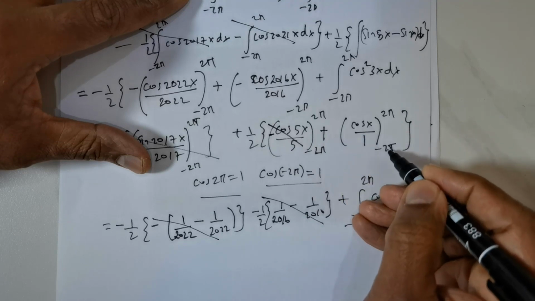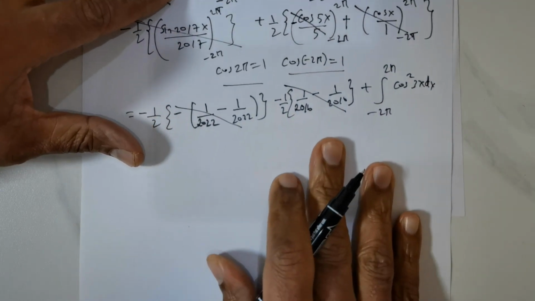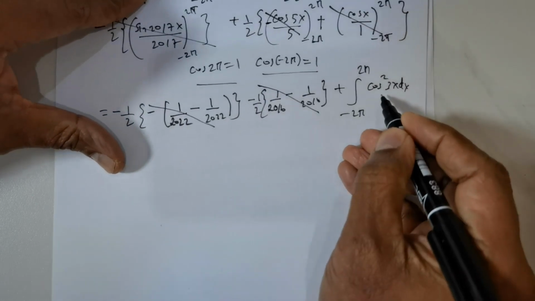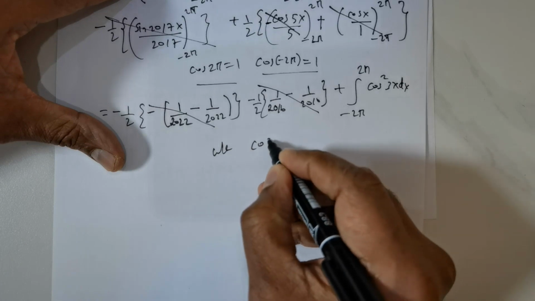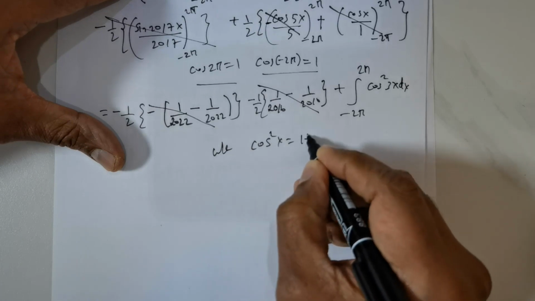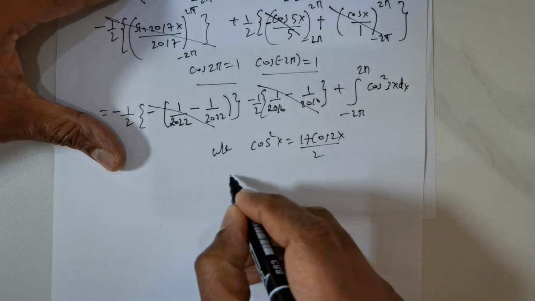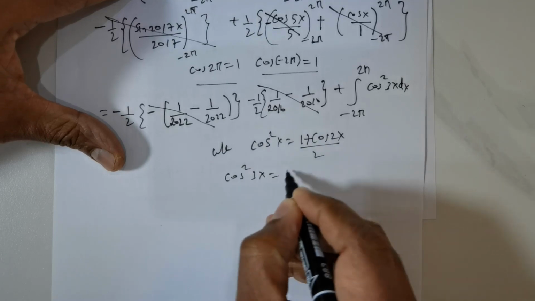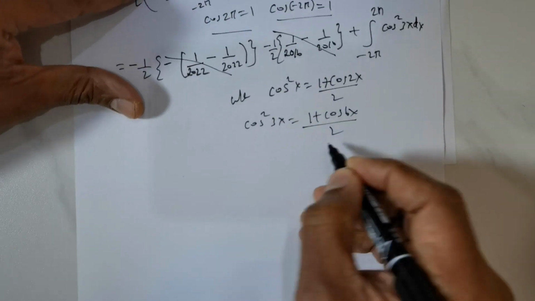Cos 2 pi and negative cos of negative 2 pi, this is also off. So ultimately we are left with only integrating cos squared x. Now we know that cos squared x is 1 positive cos 2x divided by 2. So therefore cos squared 3x is 1 positive cos 6x divided by 2. So you substitute that over there.